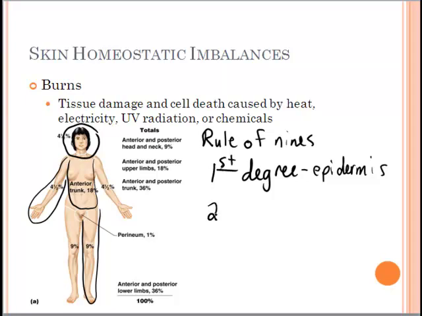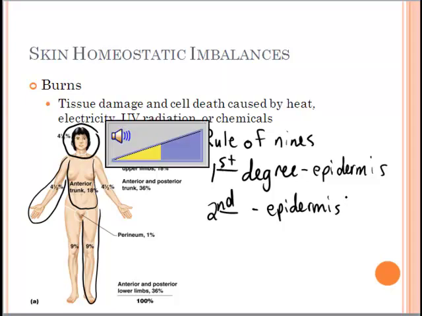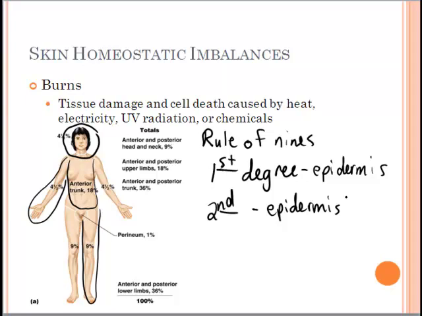The second degree burn, now you've moved through the epidermis and you've begun to burn the upper layers of the dermal region as well. So second degree burn is recognized by blisters on the skin. And blisters are interesting because of what's happening with them.